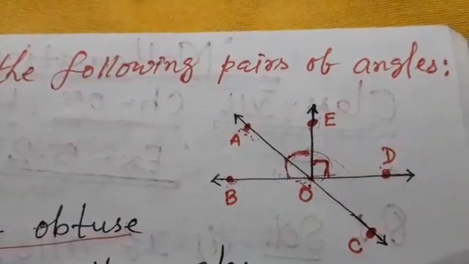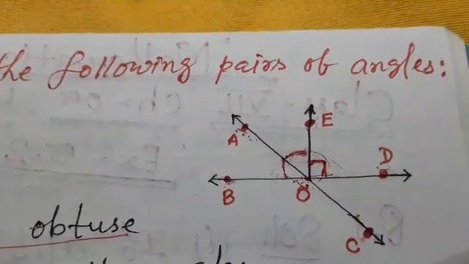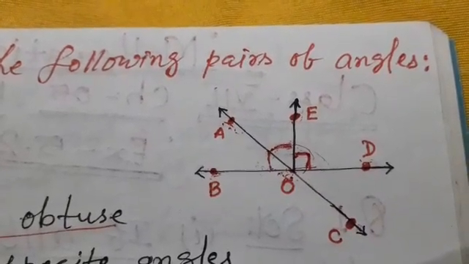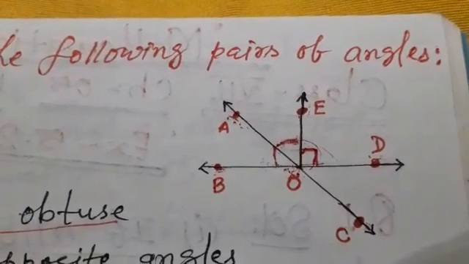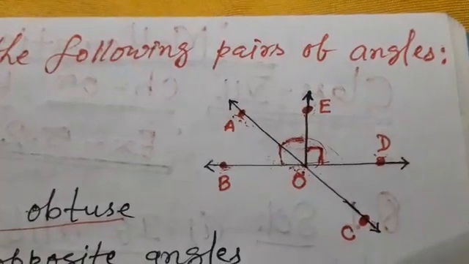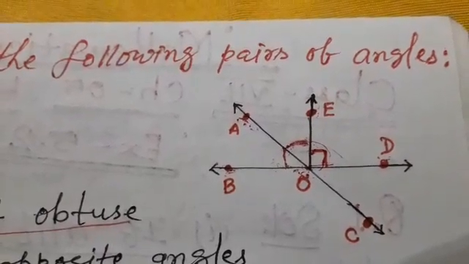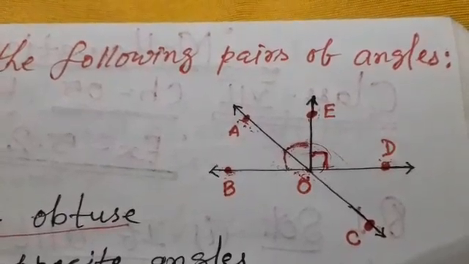Next is adjacent angles that do not form a linear pair. Dear students, here are three pairs of angles that do not form a linear pair, because we know that angles form a linear pair when the sum of them is 180 degrees and they have a common vertex and common arm.